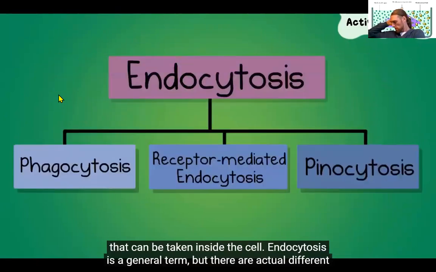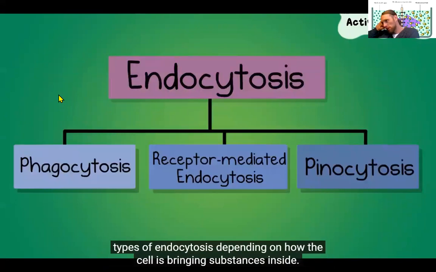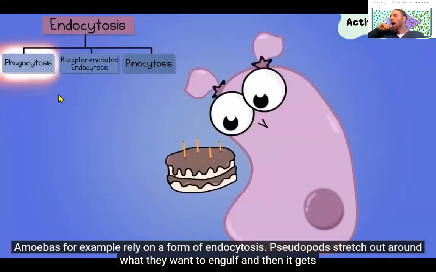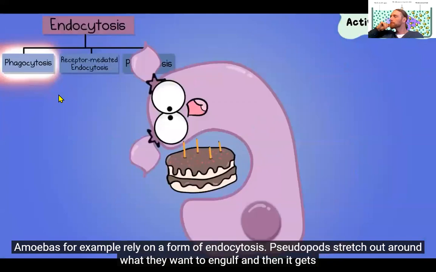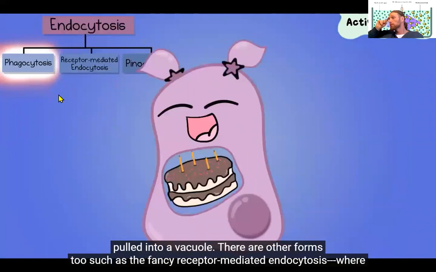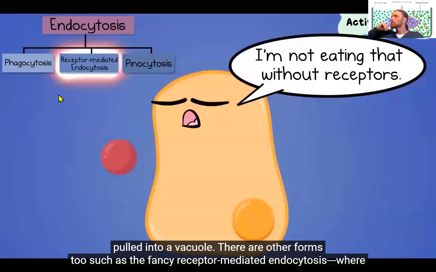Endocytosis is kind of a general term. There are different types of endocytosis depending on how that cell is bringing substances inside. Amoebas, for example, rely on a form of endocytosis. In this example, pseudopods stretch out around what they are going to engulf, and then it pulls it into a vacuole. And there are other forms too, such as the fancy receptor-mediated endocytosis.